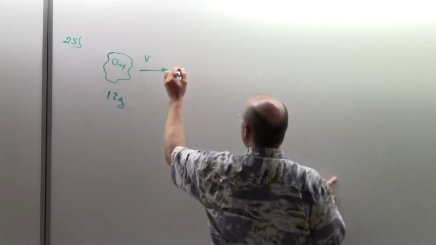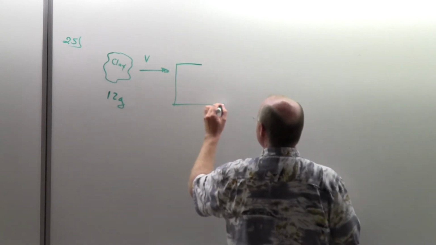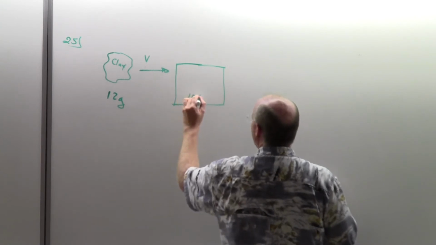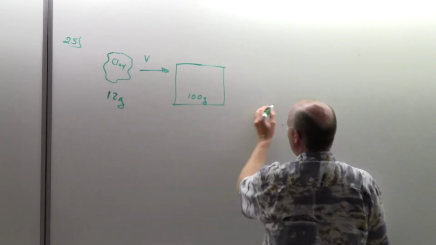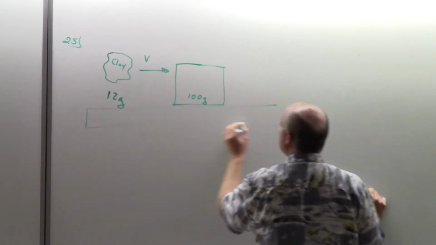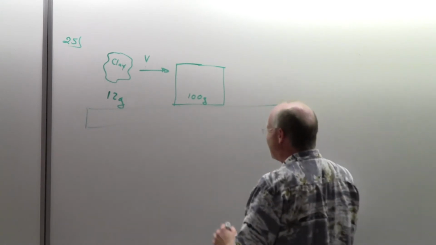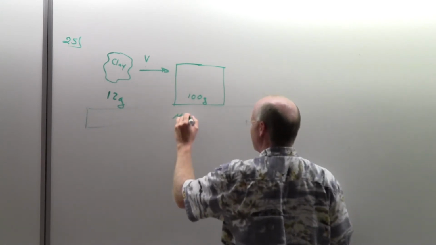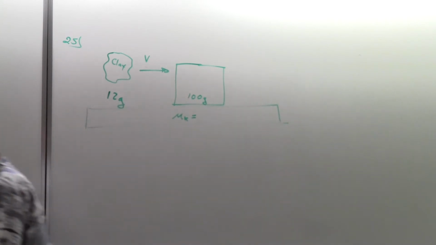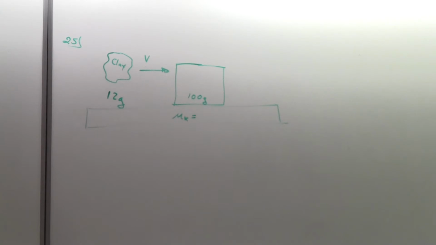And then it comes along and it hits a 100-gram block of wood that is sitting on a table that does have some friction. And again, they gave that coefficient of friction. They said that the coefficient of friction was 0.65.